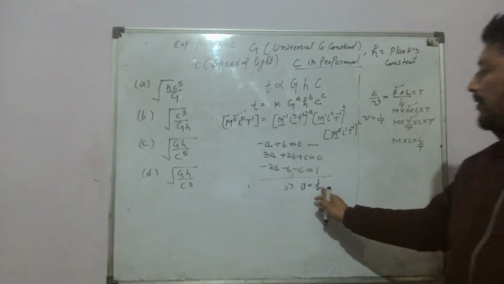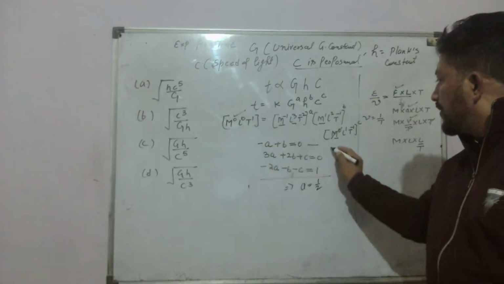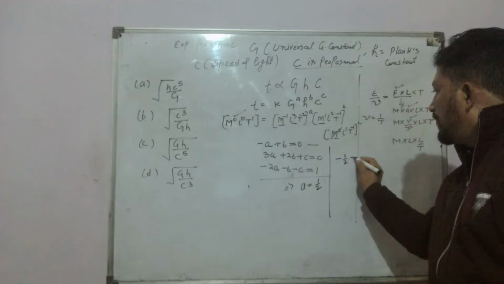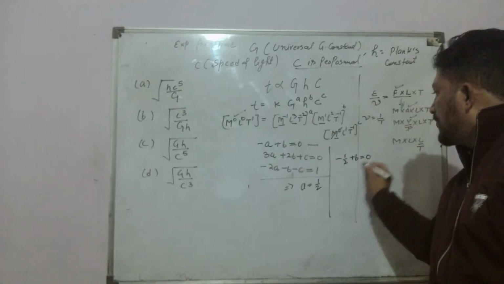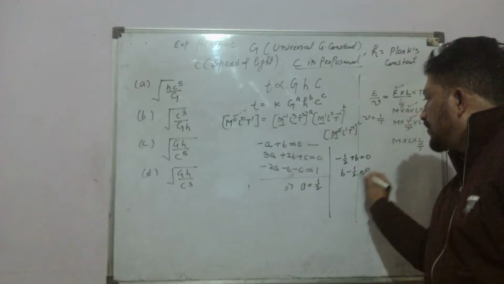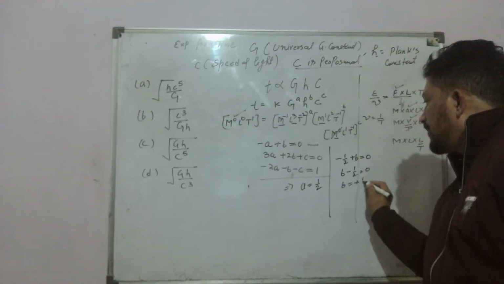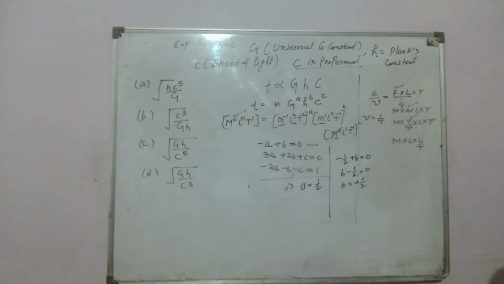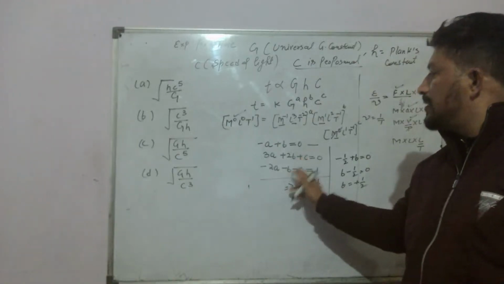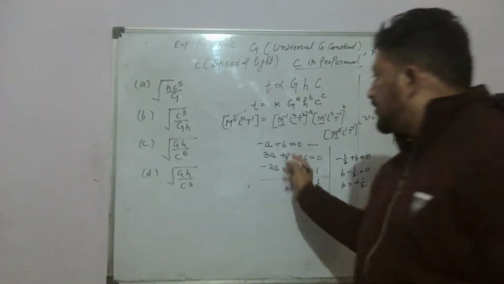If you put the value of a here, minus 1 by 2 plus b is equal to 0, so b is equal to plus 1 by 2. We have got a and b. Now, lastly, solve the value of c. You can put the values in either of these two equations.